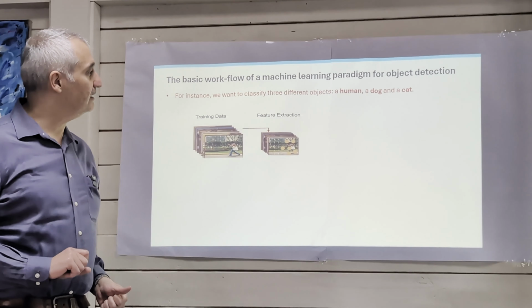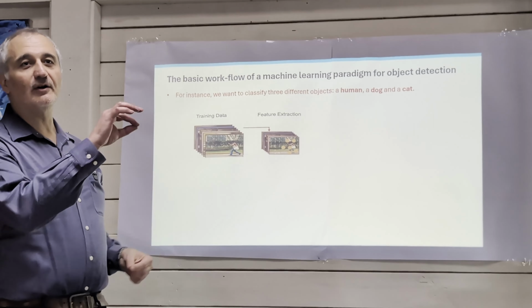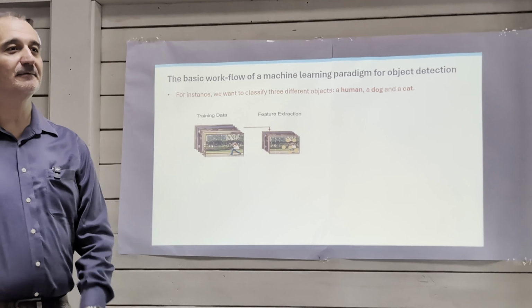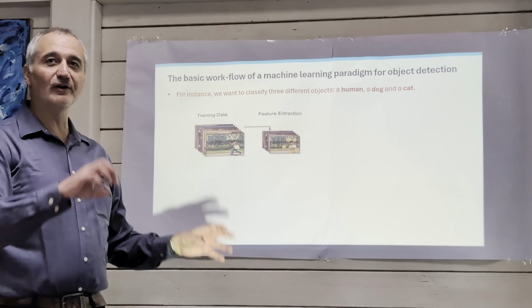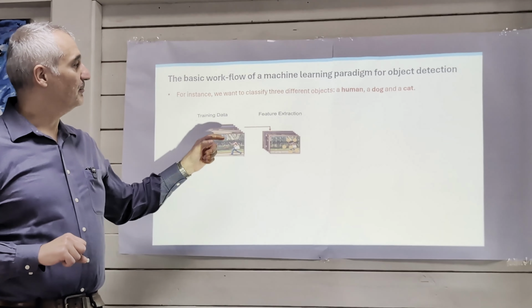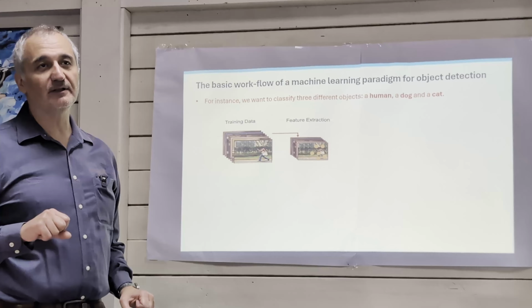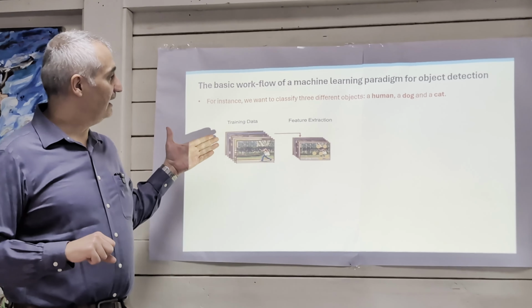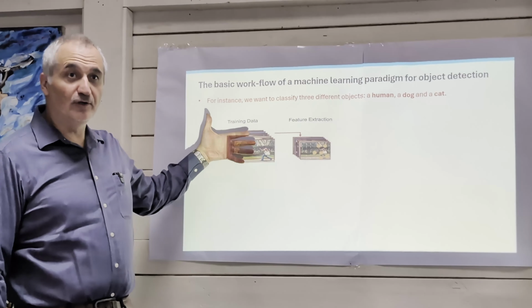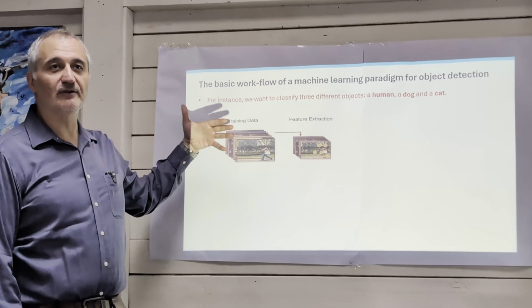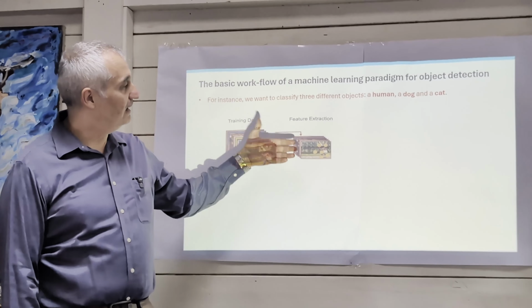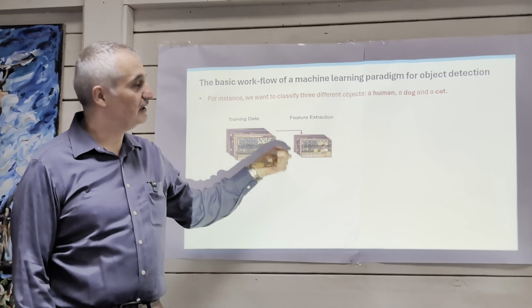Each of those boxes has been a PhD or multiple PhDs before, so I'm not going to go into the details much. But feature extraction is picking up on things that are recognizable in images. So each deck of human images, maybe hundreds of thousands of them, gets feature extracted.